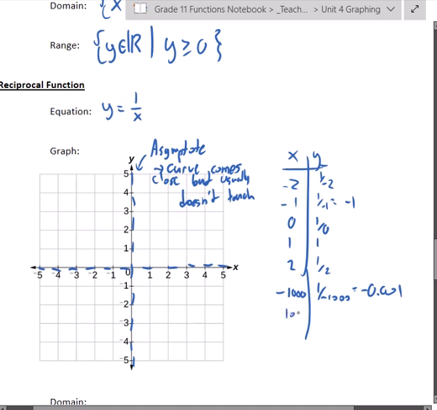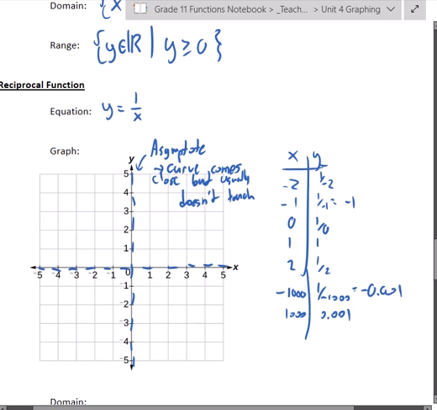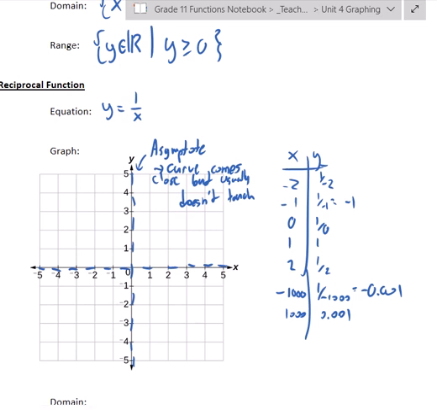If we do 1,000, then we get 0.001. It's very, very close to 0, but it's not quite there. If we have an x value of 1,000, way off the screen, it's going to be very, very close to 0, but it's not touching it. If I do 1 billion, again, it's going to be really close to 0, but it's not touching it.